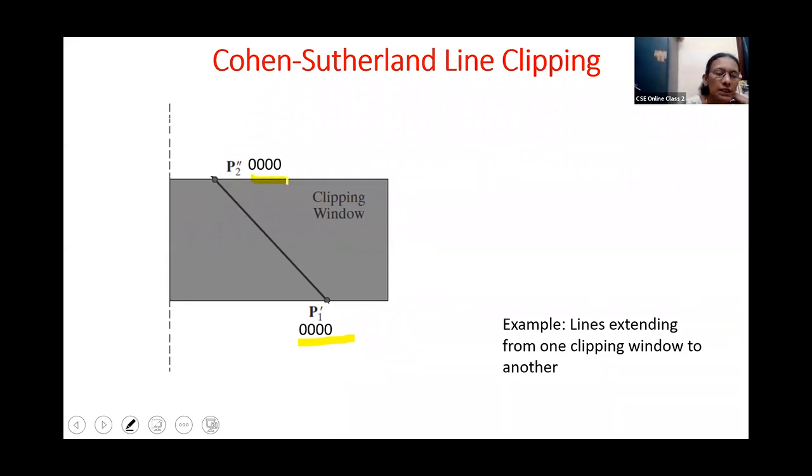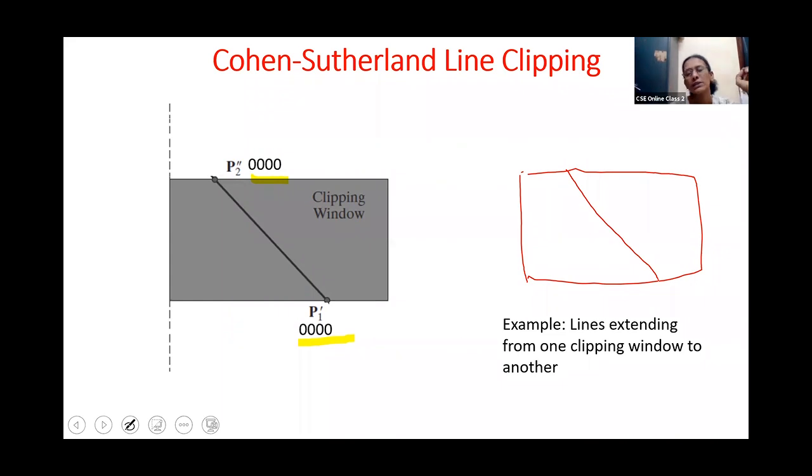We have already seen that if the outcodes of both endpoints are 0000, then the line is visible. So in the output, we draw this line from P1 dash to P2 double dash. Is this clear what we have done?